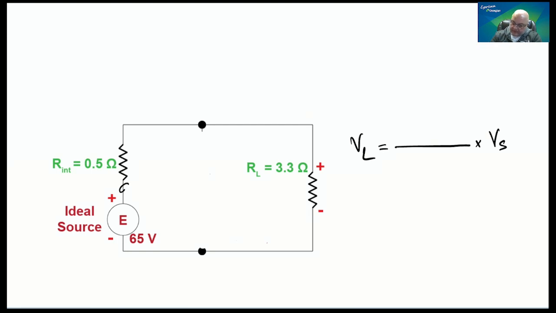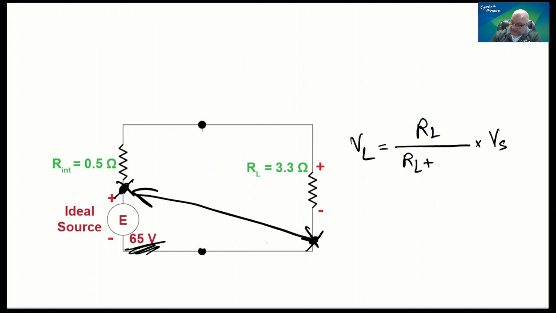So the voltage between this point here and this point here, these two points, the voltage is 65 volts. Okay, and then this is going to be RL over RL plus R internal. And that's how you calculate it.